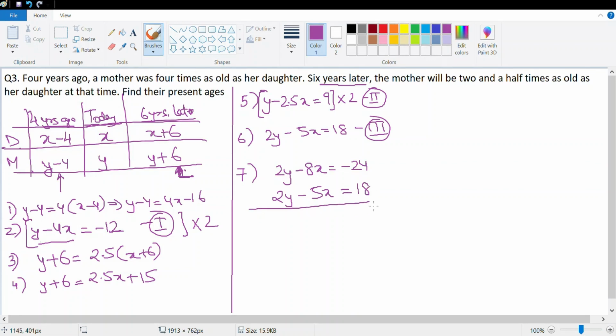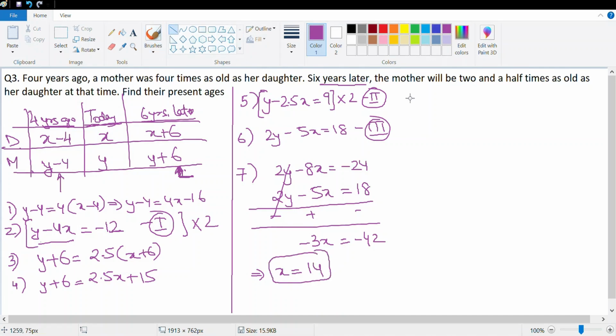Let's subtract. Minus plus minus, the sign changes. 2y minus 2y goes, negative 8x plus 5x, that's negative 3x. Negative 24 minus 18, that's negative 42, which means x is equal to 14. We need to calculate the present ages. So the present age of the daughter is 14 years.